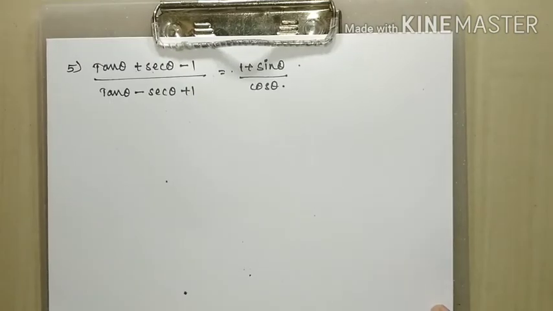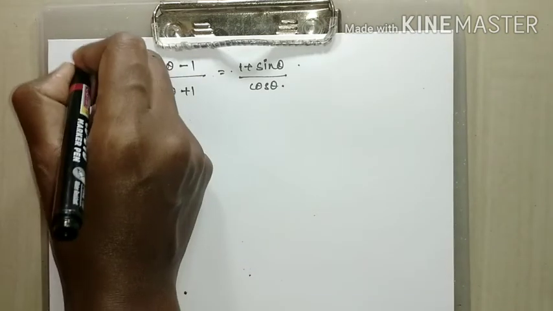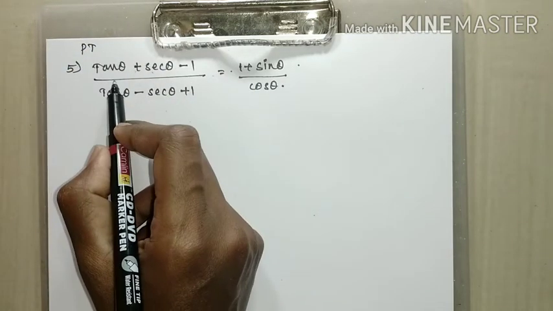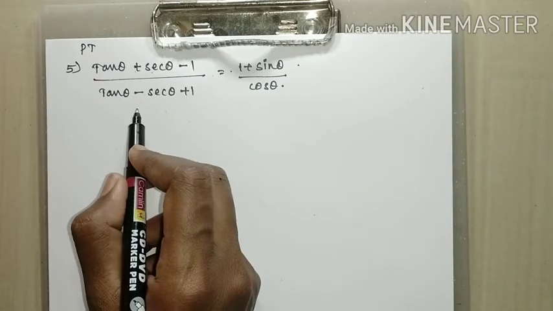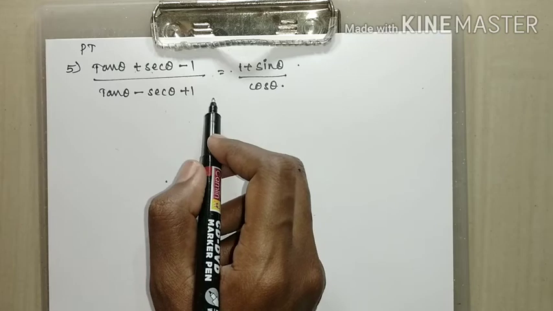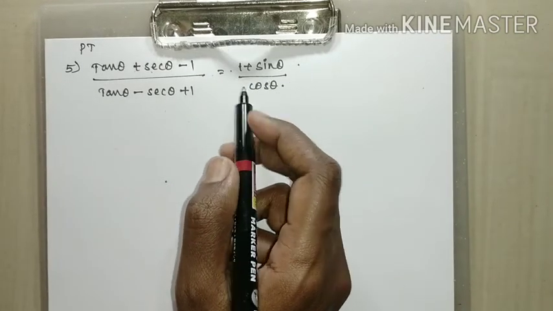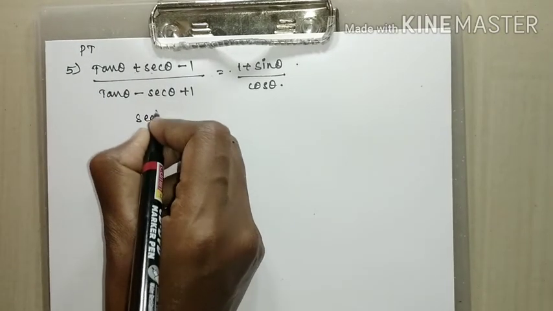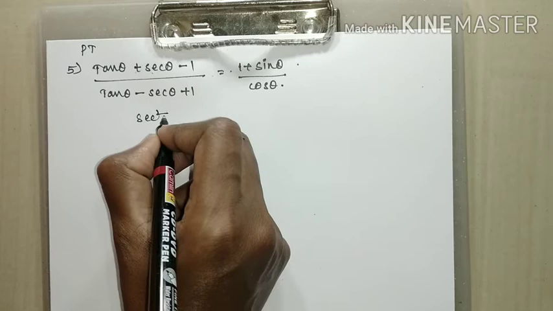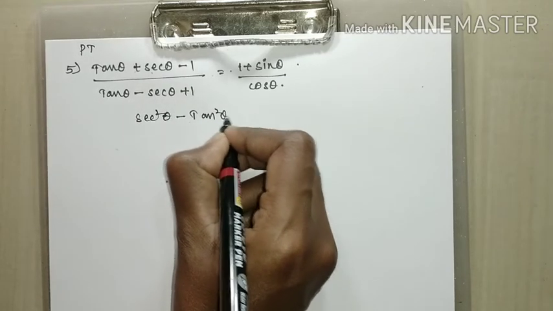Here we have one more interesting example. We have to prove that (tan theta plus secant theta minus 1)/(tan theta minus secant theta plus 1) equals (1 plus sin theta)/cos theta. So you know well the trigonometric identity secant square theta minus tan square theta equals 1.